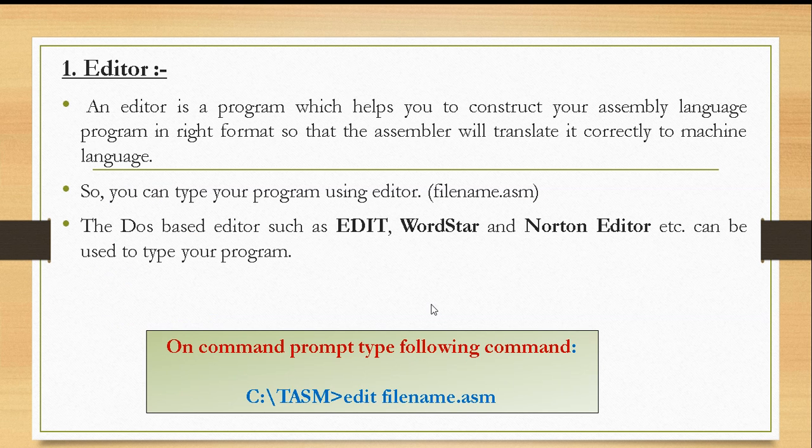The first tool is the editor. An editor is a program which helps you to construct your assembly language program in the right format, meaning it is easily understandable by the machine. The program that you type in the editor has the extension .asm.